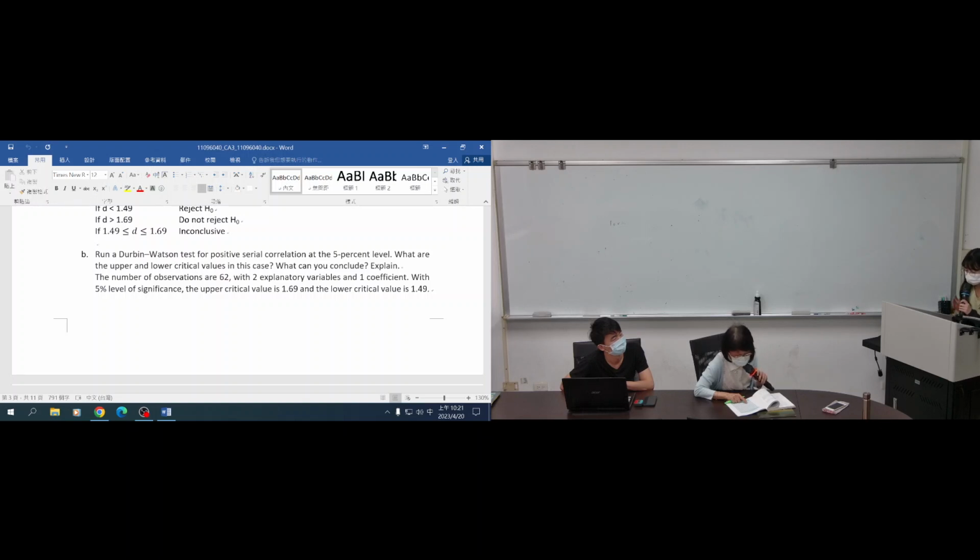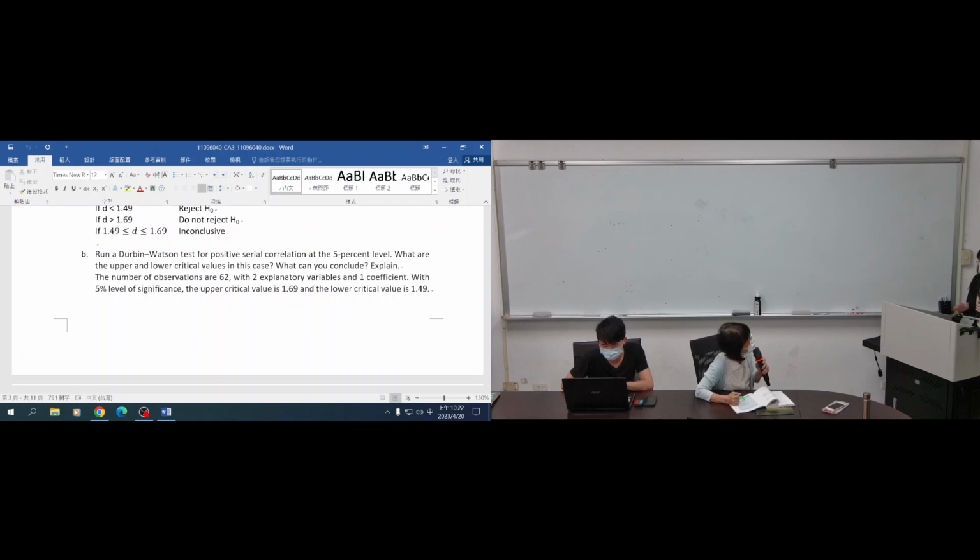Isn't it the explanatory variables plus 1 coefficient as K? So K equals 2, right? So just the two variables, not plus one coefficient. Here N is the number of observations, and K is the number of explanatory variables excluding the constant. So K equals 2, right? Oh, okay. So the critical value is 1.45.